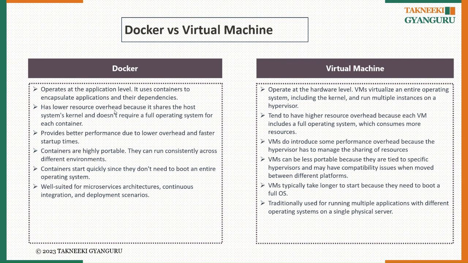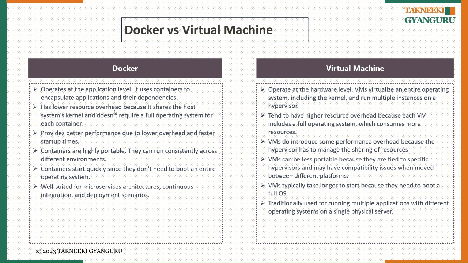So we can define very small resources. Also, it shares the host operating system and resources, like the volumes we need to share across multiple containers. That is also possible.